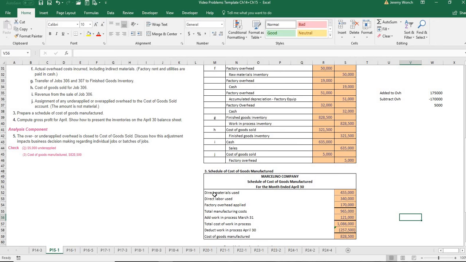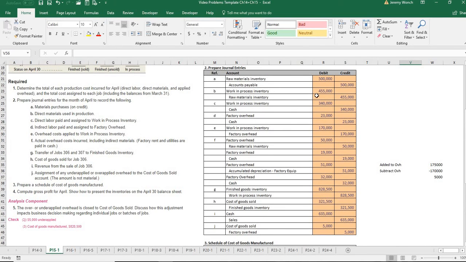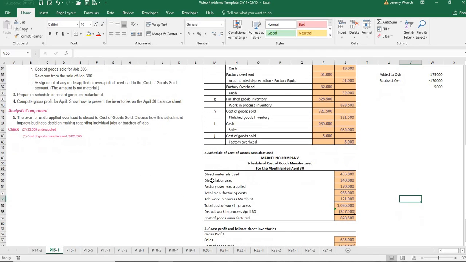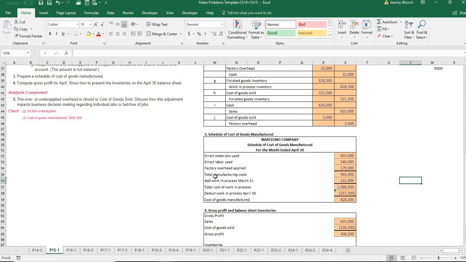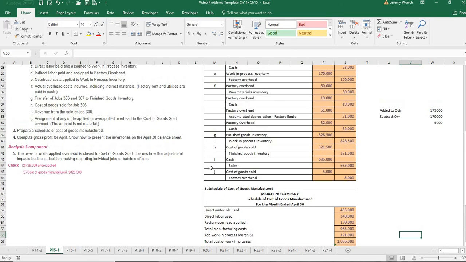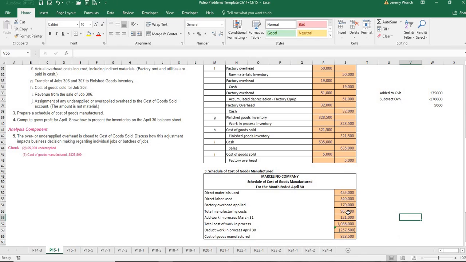So we just want to start with our direct materials used up here, 455. Our direct labor used is up here at 340. Add in our factory overhead that we applied right here for 170. So add that up, and we have a total manufacturing cost of 965.